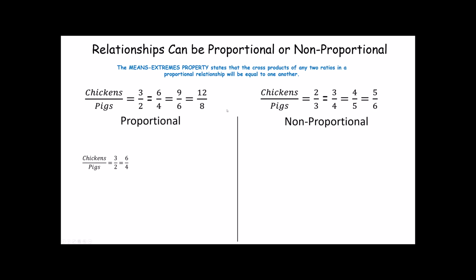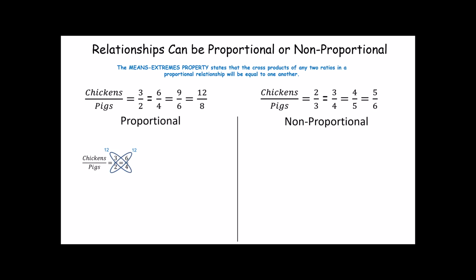I can take any two of those, and I can find the cross products, or the means and the extremes, by multiplying diagonally. 3 times 4 and 6 times 2. 3 times 4 is 12. 6 times 2 is 12. Since those two cross products are the same, I know that this is a proportional relationship.